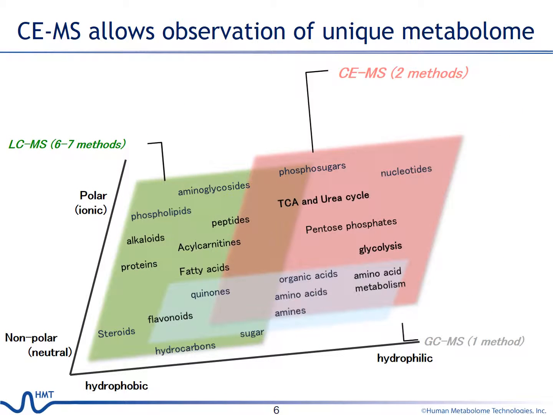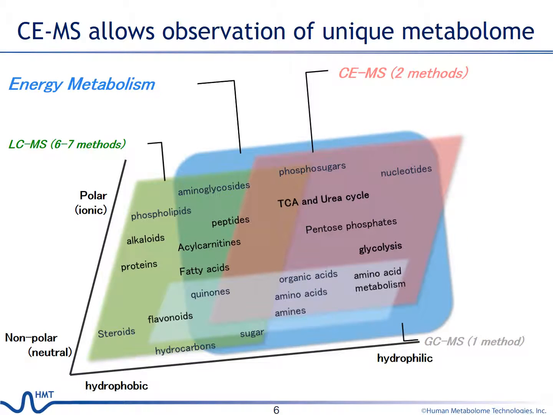No single platform is capable of measuring the entire metabolome. While LC is particularly suited for the more nonpolar and hydrophobic compounds, and GC is more suited for the volatile organic acids, CEMS is best suited for the detection of the majority of small polar metabolites.